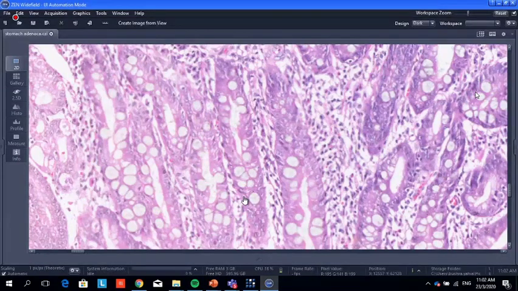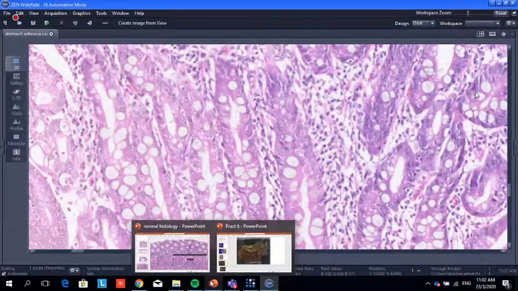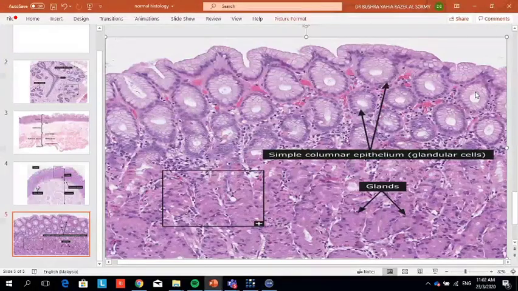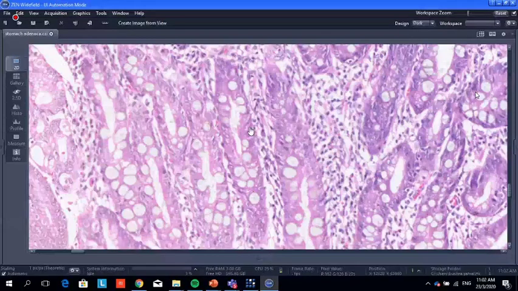Necrosis? It's become elongated. No. Compare this gland with this gland. This is the normal gland, right? Yeah. So what is the difference?